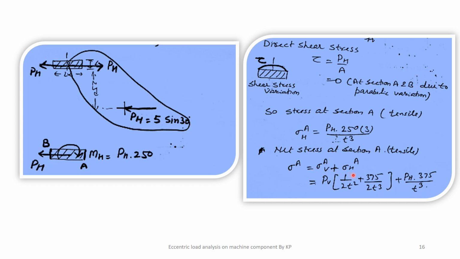So NVA plus NHA, the stress because of the vertical force at point A plus the stress because of the horizontal force at point A. PV we have already found in the previous slide, that is PV into 1 upon 2T cube plus 375 divided by 2T cube here, and plus the value of NHA, which is PH into 375 divided by 2T cube. We can solve this expression and we can get this value. So this is the net value of the stress at point A.